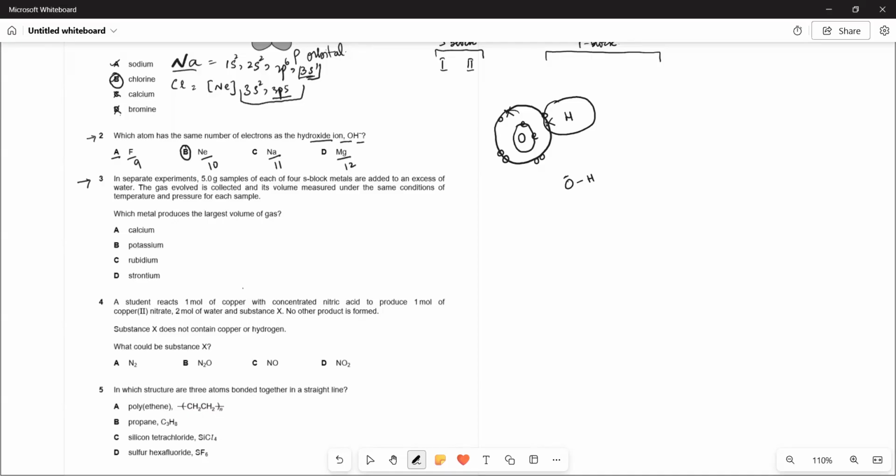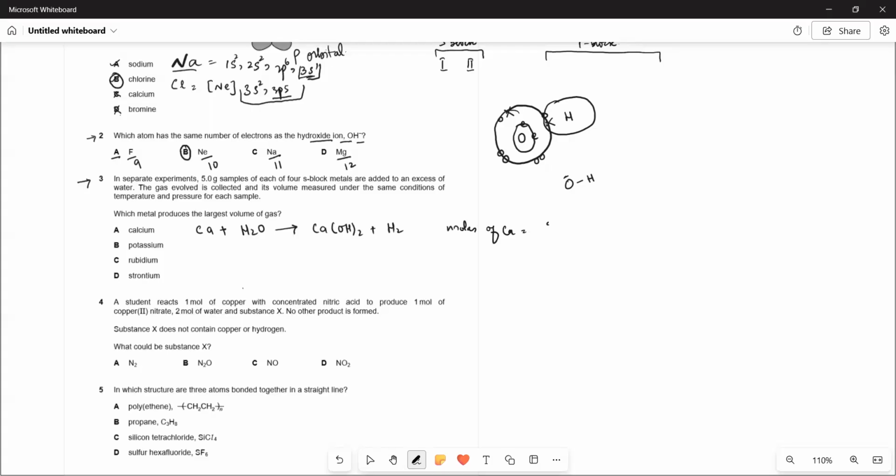So for example, if I have calcium, when I add calcium in water, what will be the product? Calcium hydroxide and hydrogen gas. Okay, they are saying a 5 gram sample of each of them. So if I have 5 grams of calcium, how many moles of calcium am I actually using?